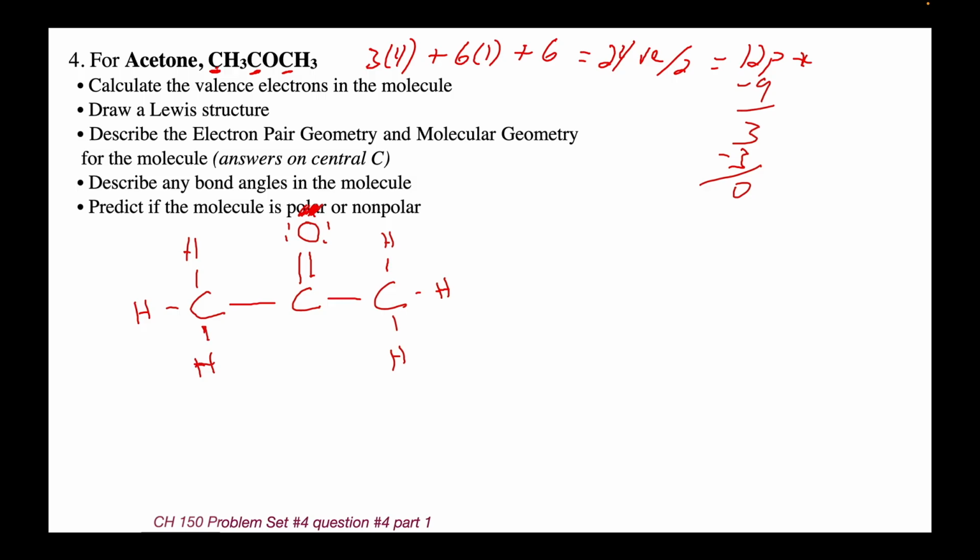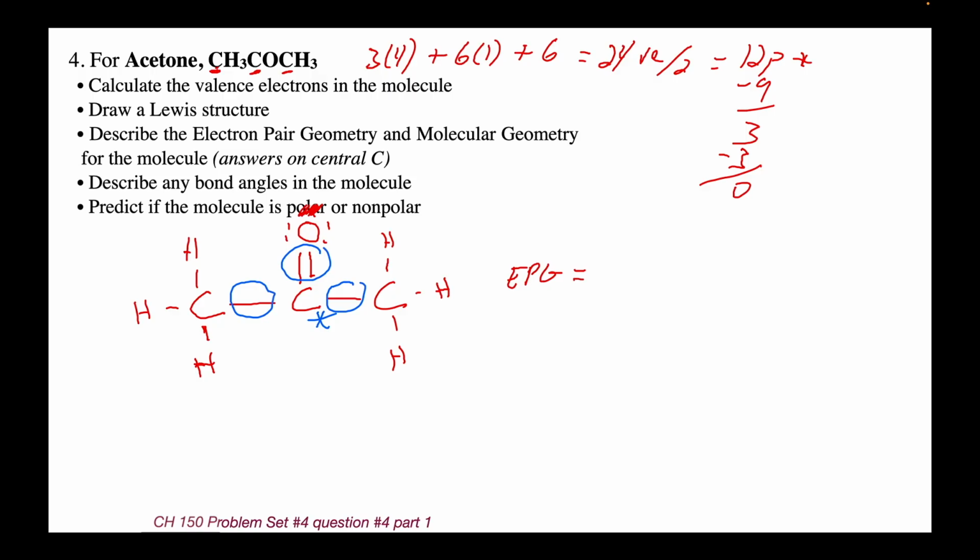Next thing, describe the EPG and MG for the central carbon. And again, that central carbon is this carbon right there. Okay, so electron pair geometry around that central carbon. That carbon has a single bond, a second single bond, and a double bond. Now, as we saw with the CO2 examples, doubles and triples count as one bond.